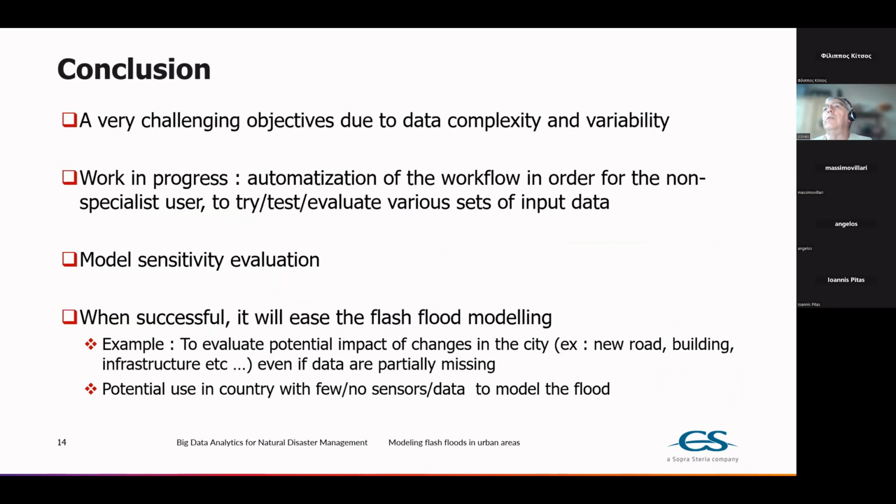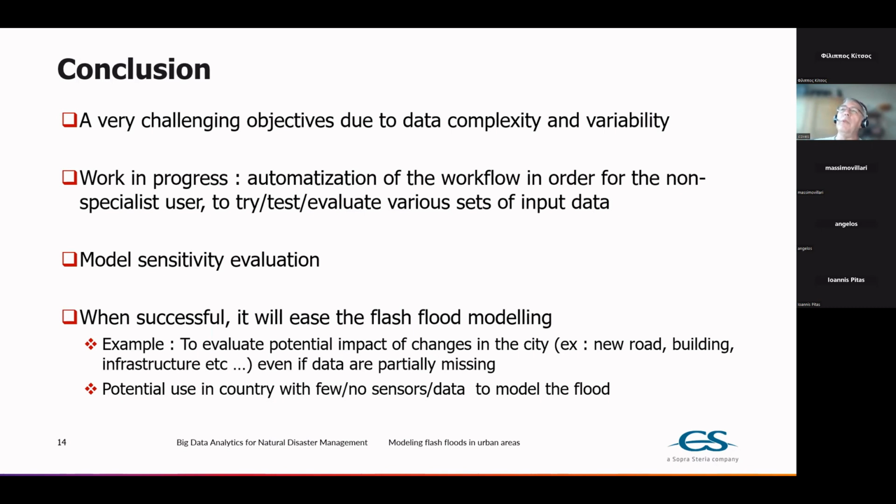So finally, the conclusion, and then if you have any questions, with pleasure. The objective was really challenging, and we knew it: the amount of data is large and very complex, and some of it you have to adjust manually up to now, which is a limitation, and we are trying to work on that, to automate this workflow.